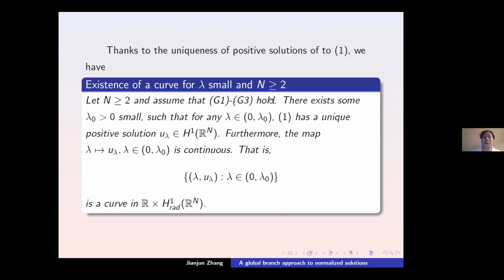For the higher dimensional case, we can show a similar result. Also, we show that the curve is continuous. Also, the curve shows the uniqueness of the normalized solution for lambda small.